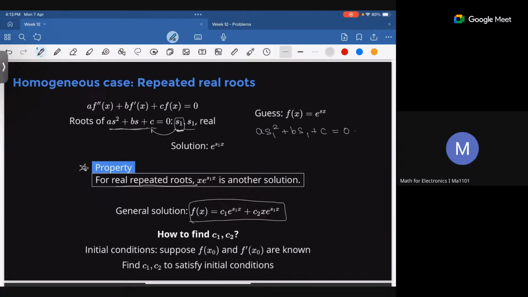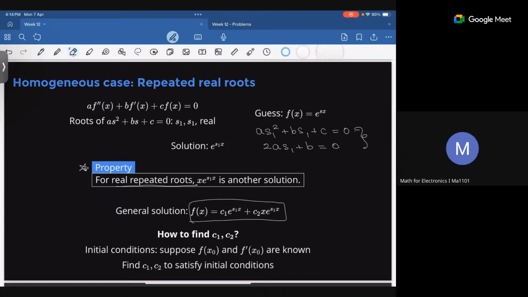If you differentiate this and then substitute s1, you will get 0. So differentiating with respect to s, I will have 2a s1 plus b is equal to 0. So s1 will satisfy these two conditions: a s1 square plus b s1 plus c is 0, along with 2a s1 plus b is equal to 0, because s1 is a repeated root.